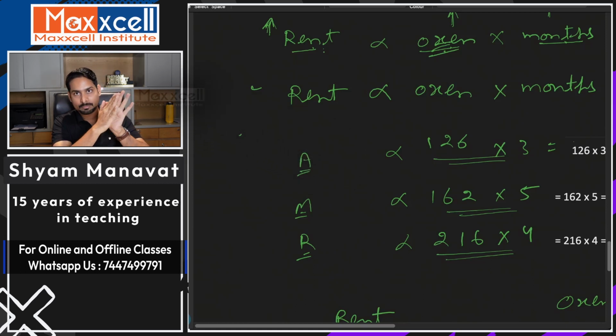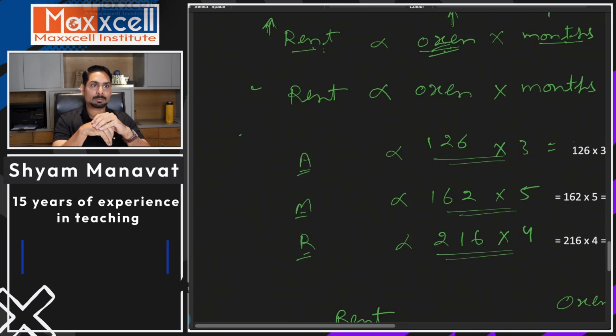So I hope for this method, this question is clear, and you understood what is jointly proportional. So this is it in today's video. As of now, we have covered most of the concepts of ratio and proportion. In coming videos, we are going to solve more practice questions and variations, so that you will find a mixed flavor of all of them.